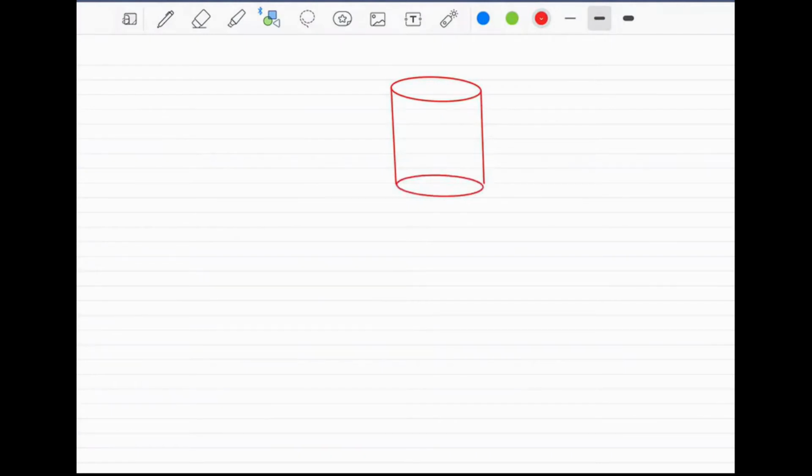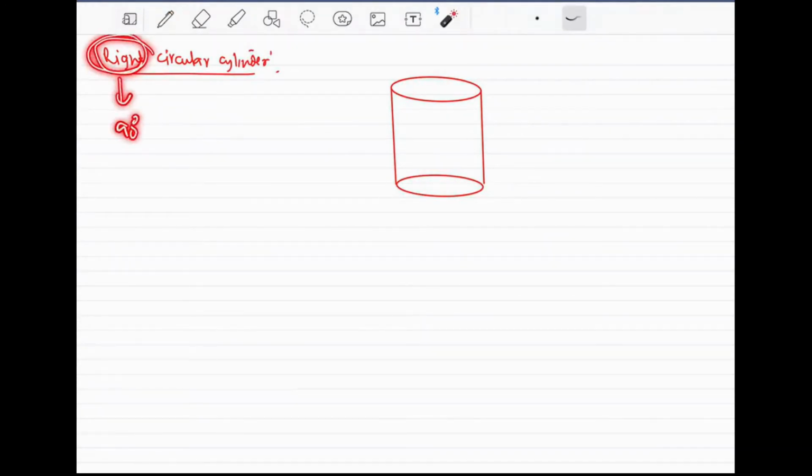So for a cylinder, you need to know two parameters, two values. The type of cylinder we are going to learn is a right circular cylinder. So here it mentions the word right.